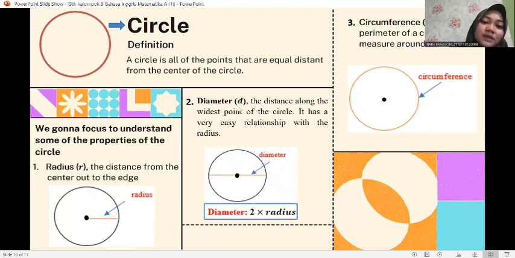Two is diameter, d: the distance along the widest point of the circle. It has a very easy relationship with the radius. So, diameter is 2 times radius.